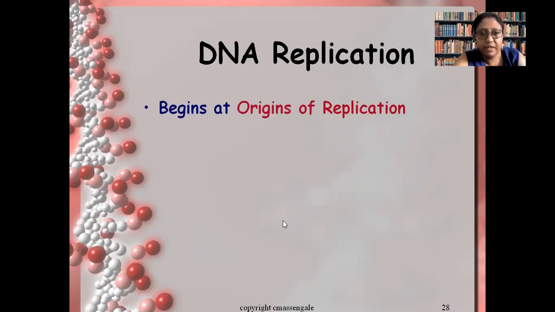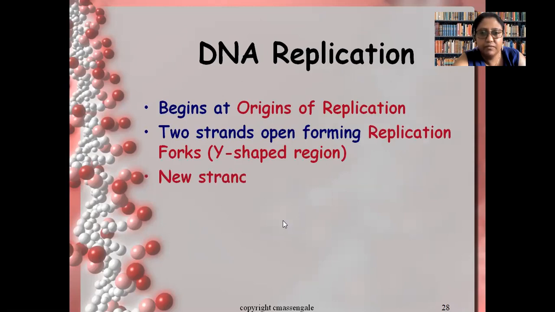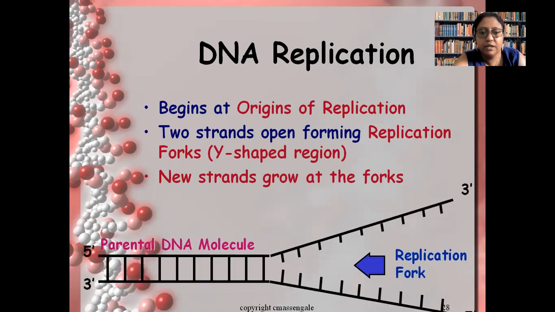So today we will not start with the replication procedure. We will just take an introduction of the replication procedure here. So consider, DNA replication always starts from the point which is called the origin of replication.